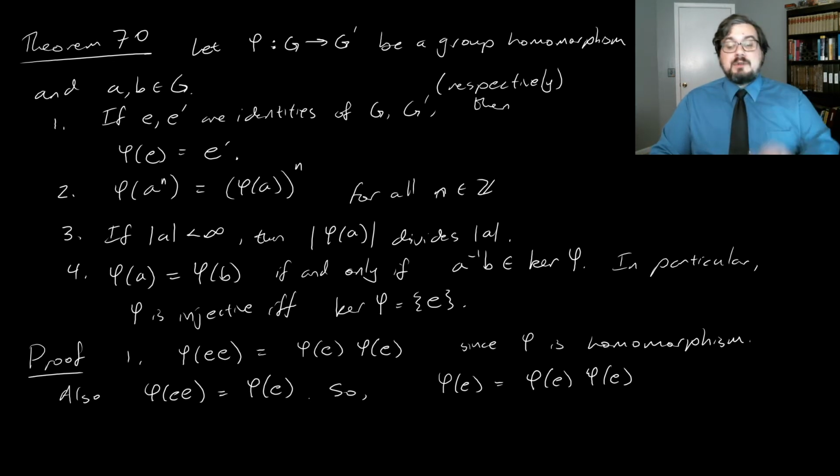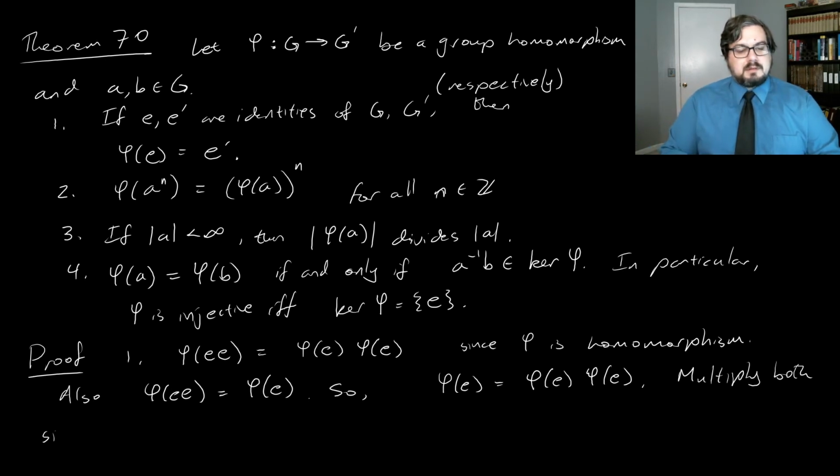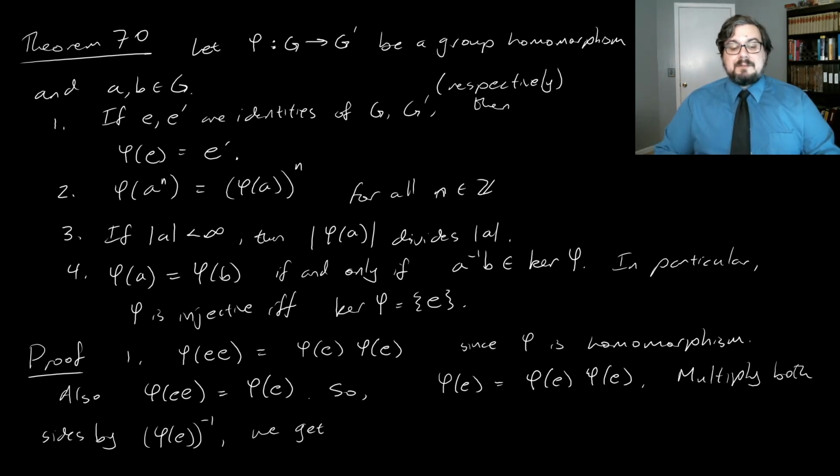At this point, we don't know what phi of E is, but if we multiply both sides by phi of E inverse, we know that any element in G prime has an inverse. And if we do that, then on the left we'll get phi of E inverse times phi of E. Those cancel out and just give us E prime.